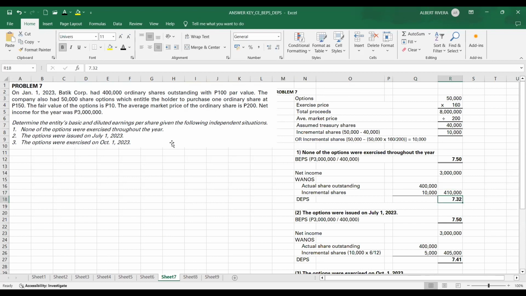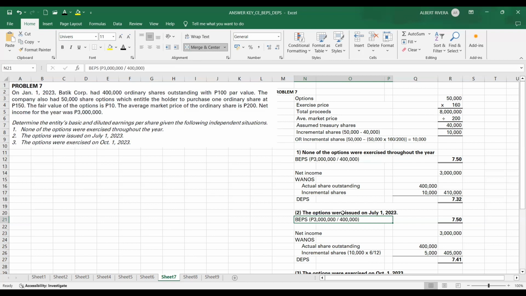Here, the options were issued July 1. So, wala namang actual exercise eh. Kaya wala namang karagdagan yung denominator mo. So, weighted average number of shares outstanding as far as the EPS is concerned. We have 3 million net income. Wala namang preferred dividends. Okay, kaya wala ka rin naman dito.